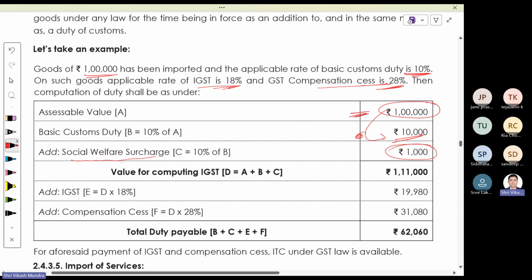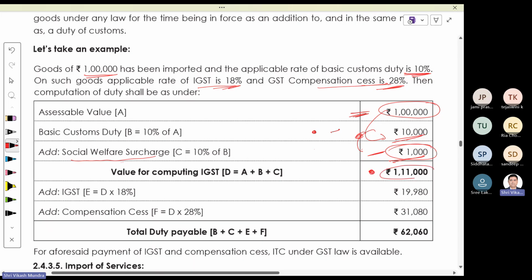So my SWS became 1,000. Altogether, my basic custom duty is 10,000. Social welfare surcharge is always 10% of basic custom duty, so it would be 1,000 rupees. Now the total of these three figures comes to rupees 1,11,000.